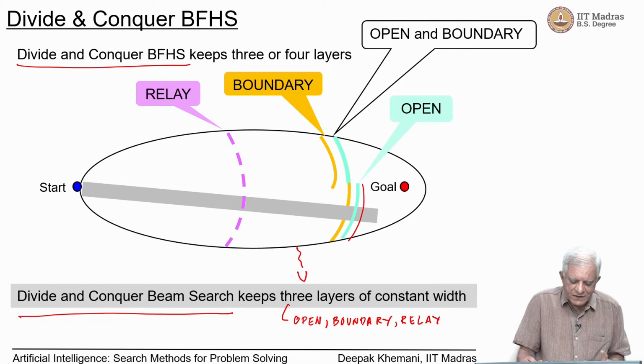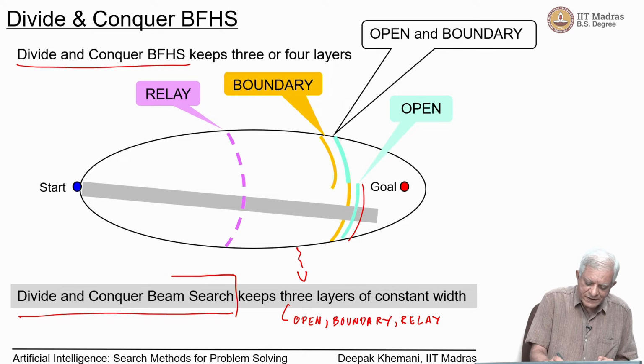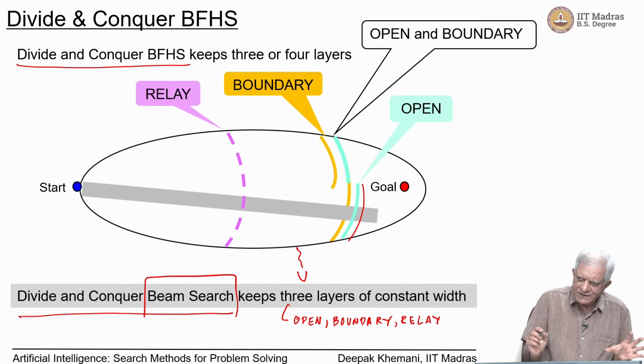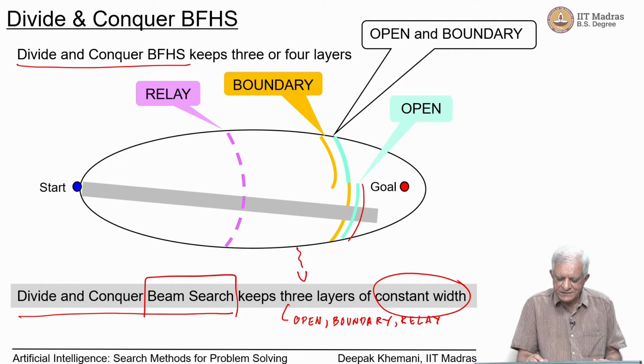So, we are talking about divide and conquer beam search. So, it is beam search. It started off with linear space, but now we are saying of all those D levels, keep only 3 levels, one for the open, one for the boundary and one for the closed. Which is why they have constant width essentially.